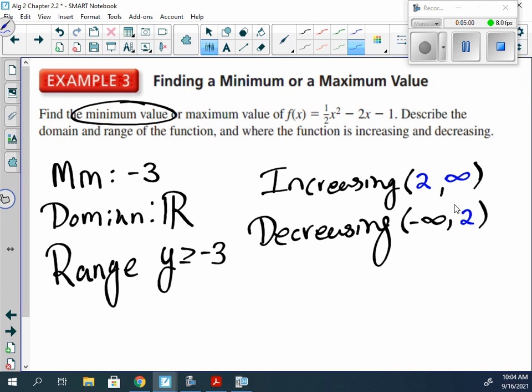Now, specifically, if we're talking about increasing and decreasing, by definition, a function is decreasing, do not write this down, it really doesn't matter, if x1 is less than x2, and f of x1 is greater than f of x2.